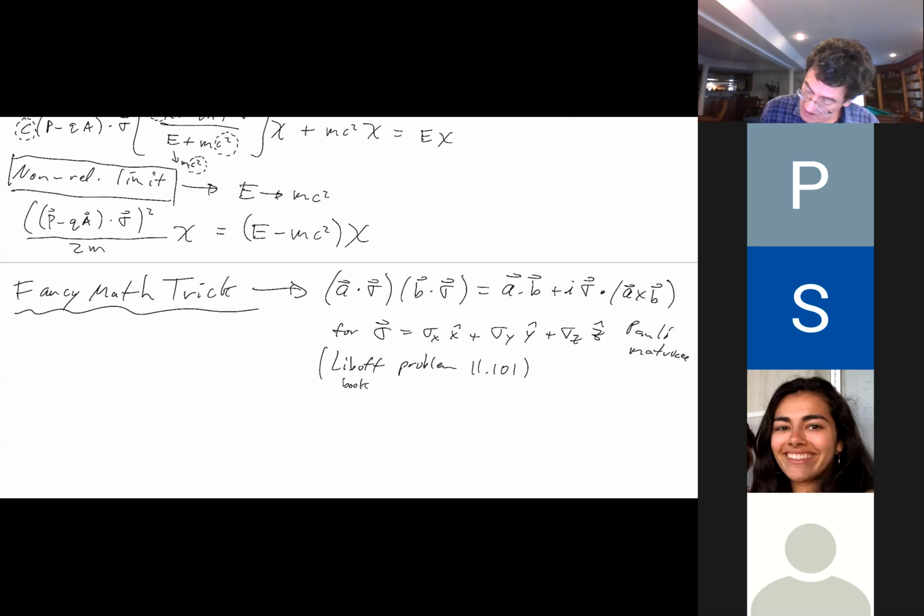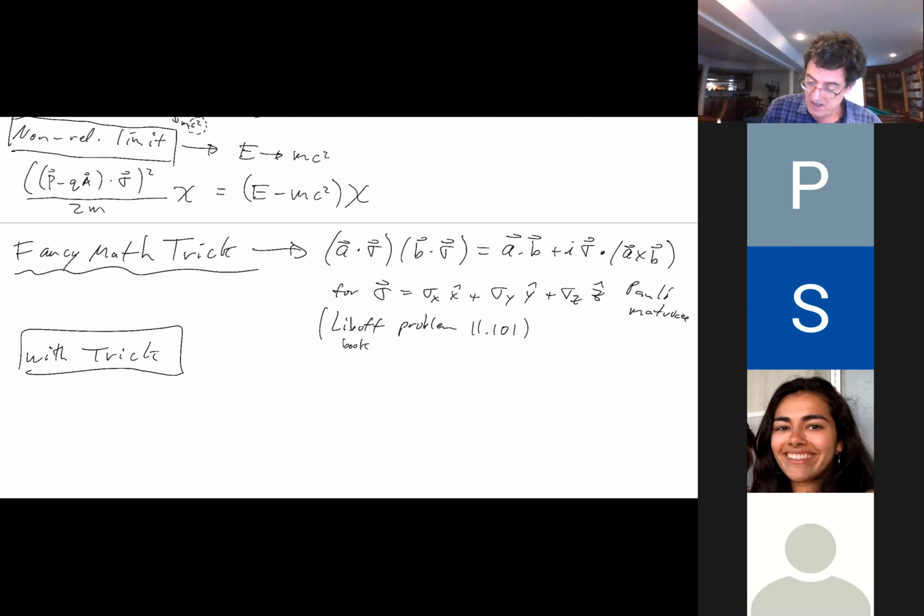Okay, but using this trick, this equation reduces to this, and this is the step I'm going to skip.